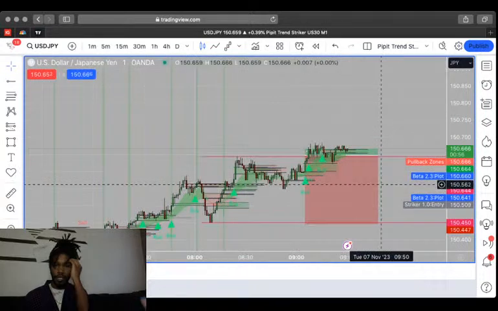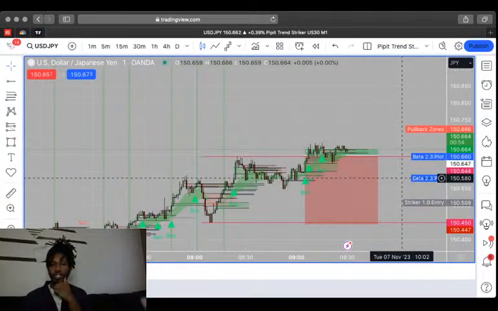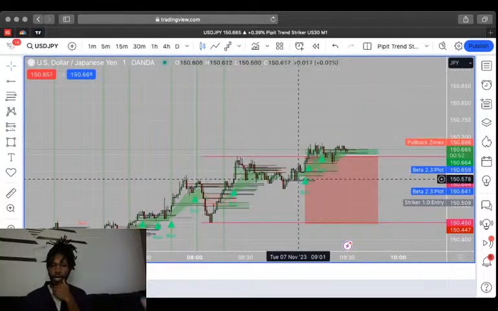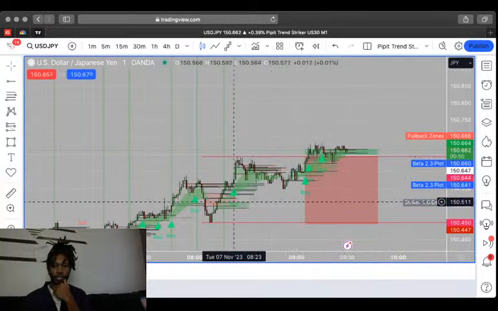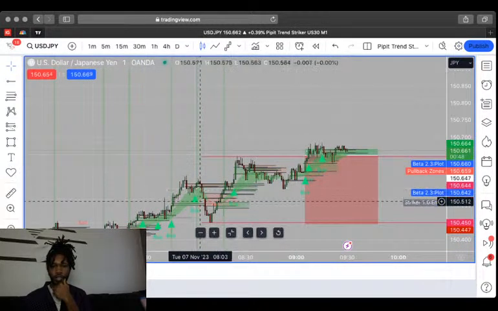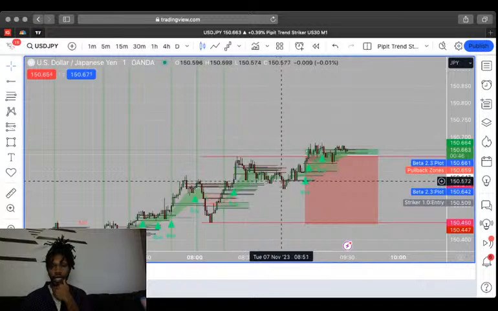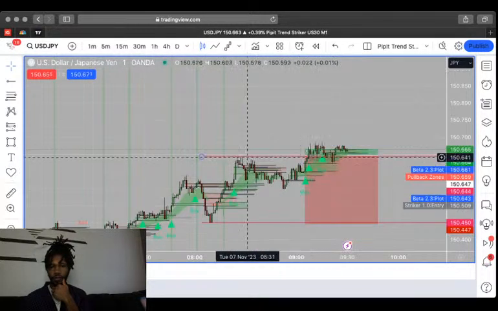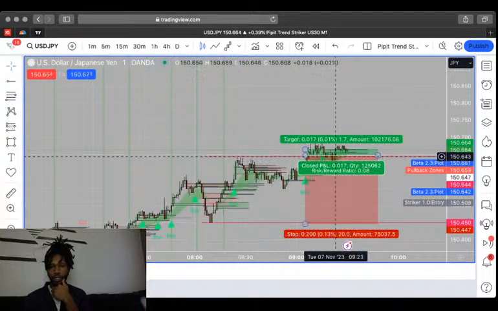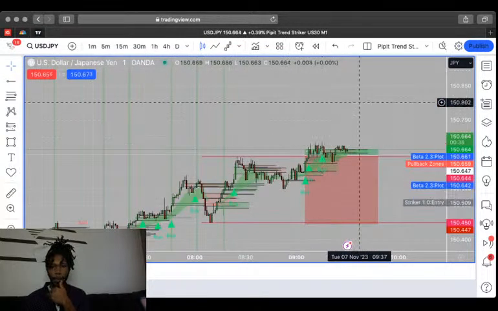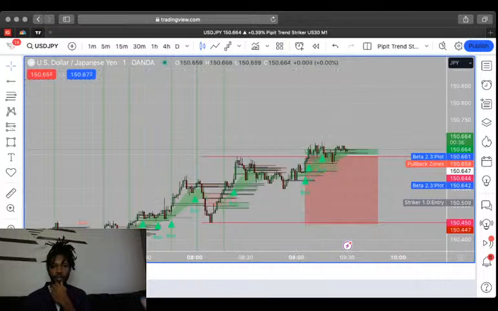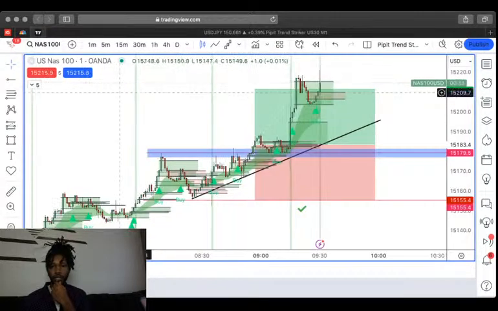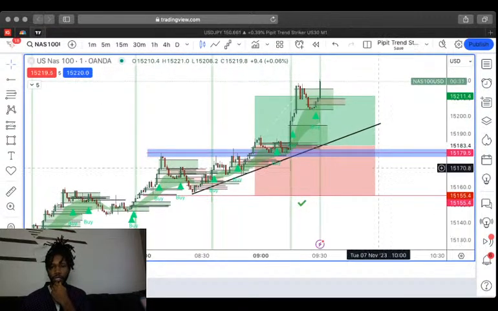Alright, so that's that. UJ could very well continue to the upside. We do have this buying momentum. We have this uptrend. Higher lows, higher highs, higher lows, higher highs, right? So what do you expect? Higher low. It came back, found some support there, and it needs to break these highs and continue the upside. Alright, so I'm going to go over to U30 and check it out because market is opening.